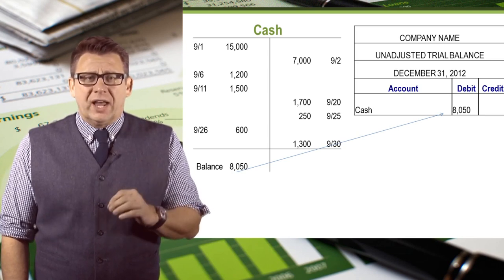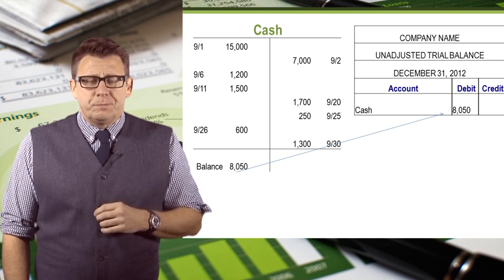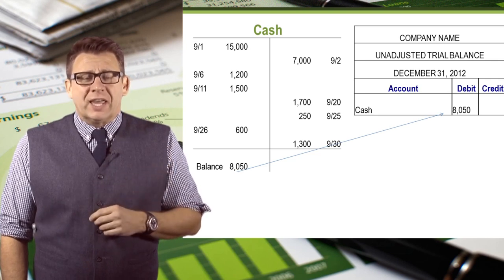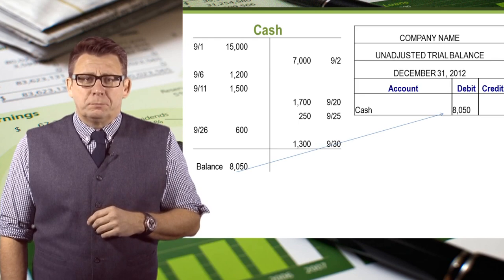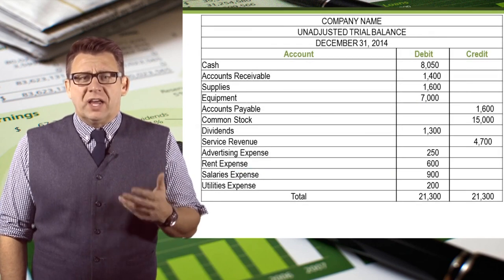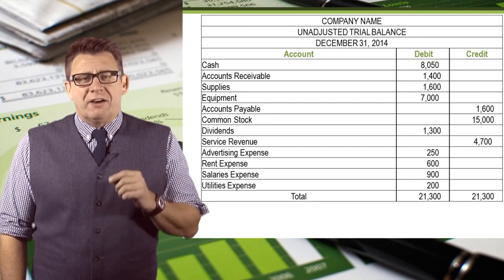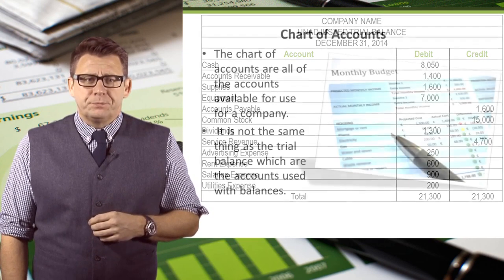Therefore, the cash account has a debit balance of $8,050. So on the trial balance, we would enter cash as the first account and $8,050 in the debit column. Then we would repeat this process for all of the other accounts that have balances. Normally, accounts that have no balances would not appear on the trial balance.